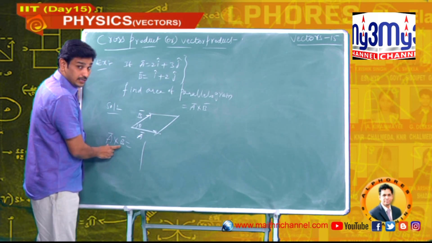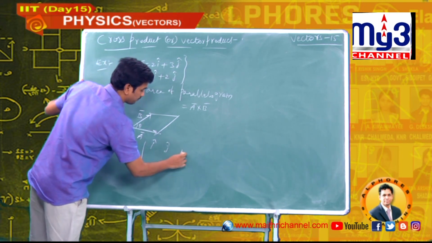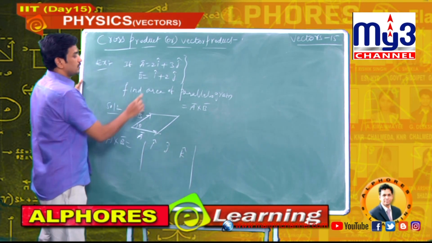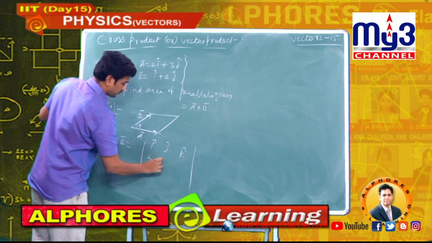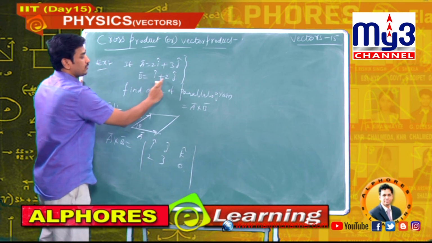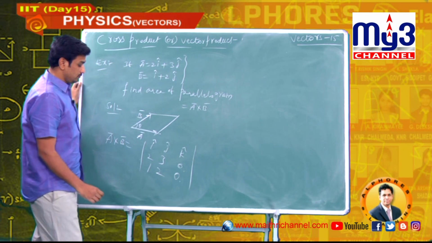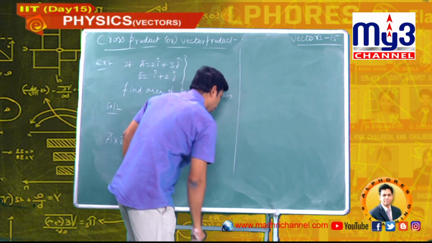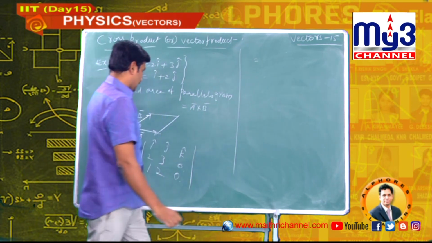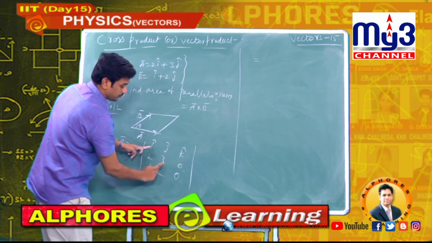Process already we discussed. Cross product: I cap, J cap, K cap. See 2, 3, K cap not there, 0. 1, 2, K cap not there, 0. Now area of parallelogram: I cap, leave this horizontal and vertical columns, 3, 0, 2, 0.